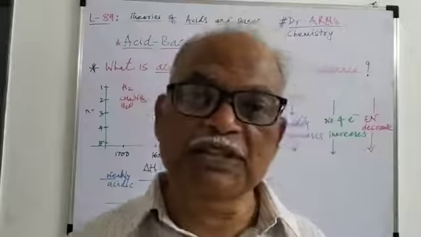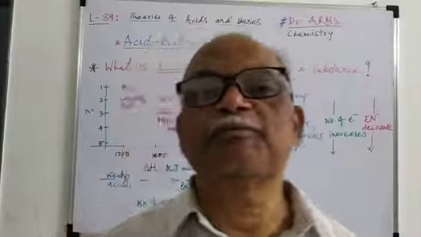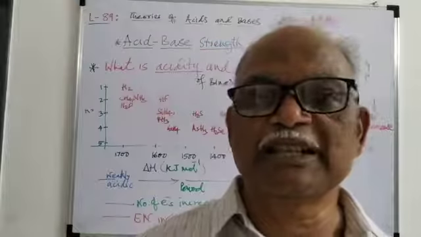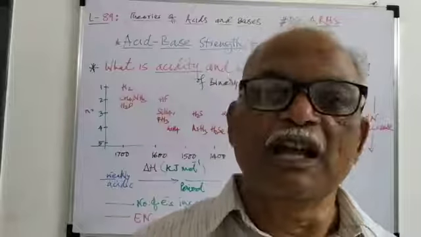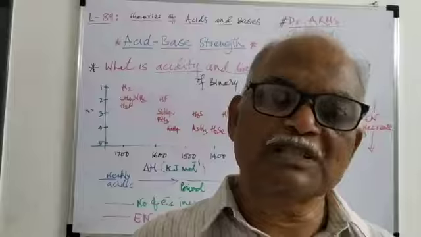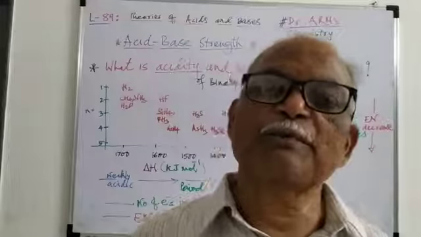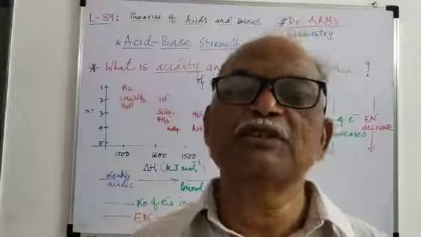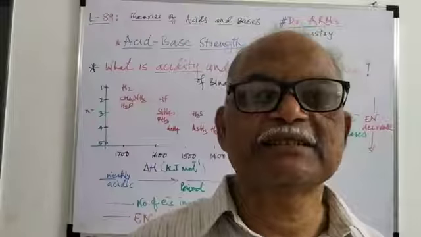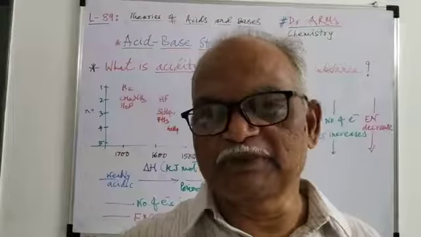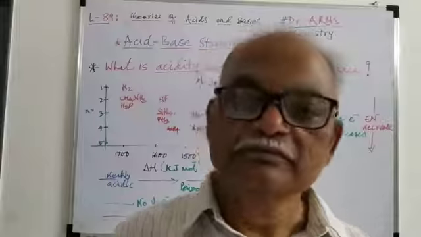In order to see this, we are also taking the help of the Lowry-Bronsted concept, where we accept the definition of transfer of hydrogen, meaning proton, from one species to the other. In this case, the acids are substances in which hydrogen is transferred to the base.